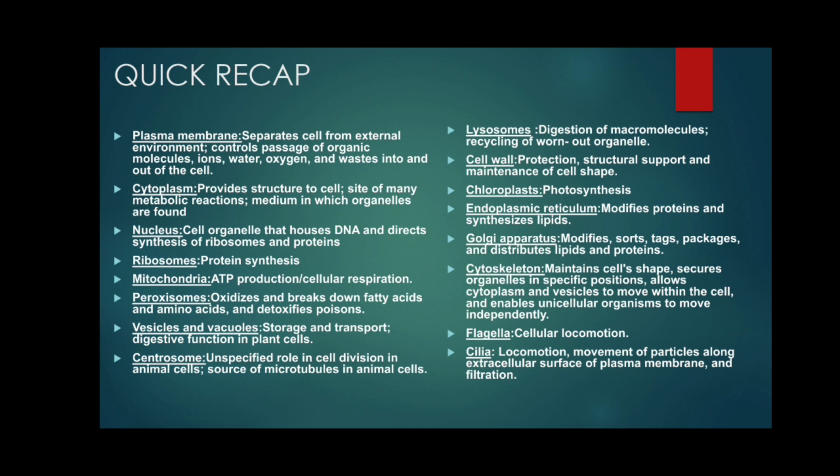Cell wall is the protectional or structural support, or we can say the outermost covering of the plant cell, which gives the permanent shape to the plant cell. And the chloroplast helps in photosynthesis. This is the plastid, green colored plastids. Endoplasmic reticulum is the channel-like structure which transports the different required materials to every part of the cell. It forms proteins and lipids and helps in membrane biogenesis.